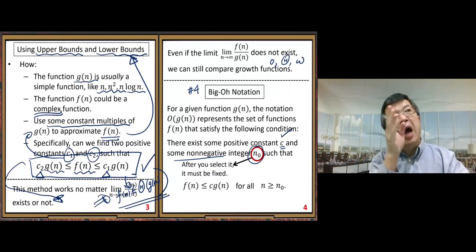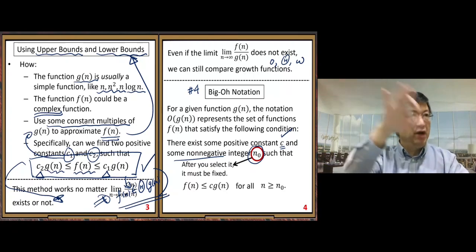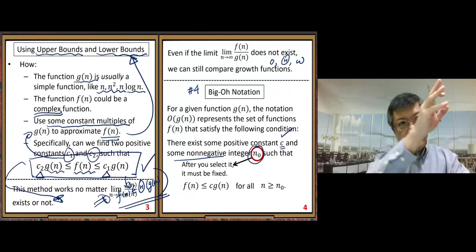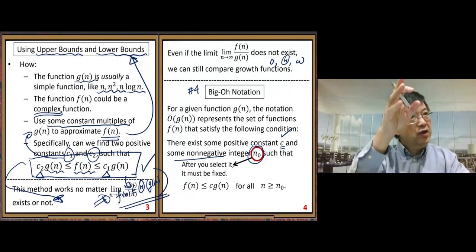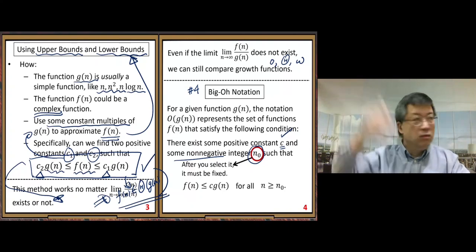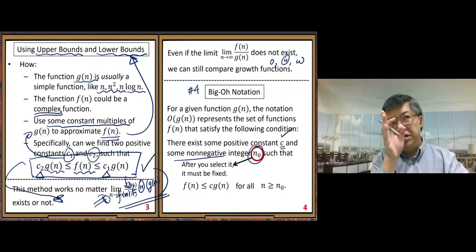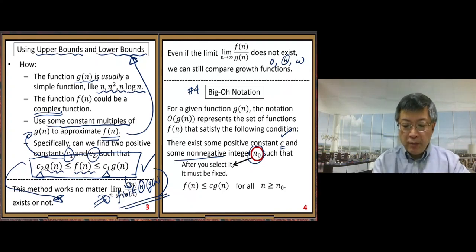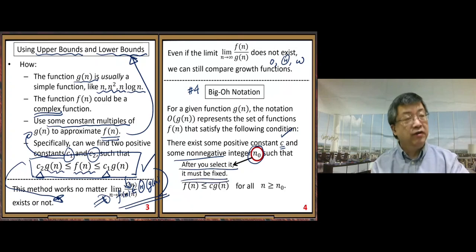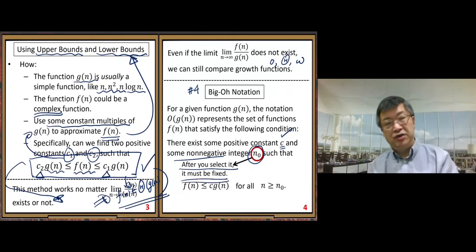Before you choose it, you have the freedom to choose, and it is not necessarily 0, 1, 2, 3. You can choose it as 100, 1,000, even 1 million is okay. But after you select it, you must fix it. You only have one chance to choose.